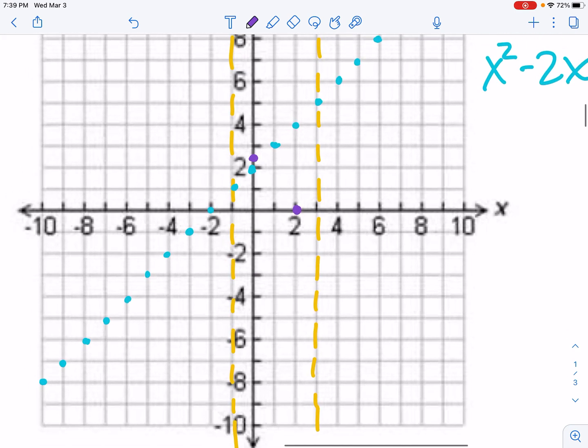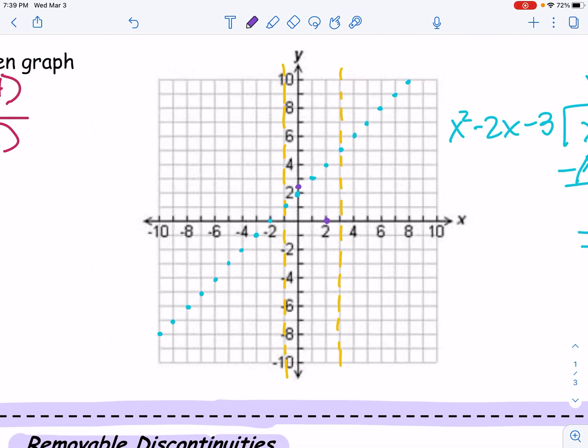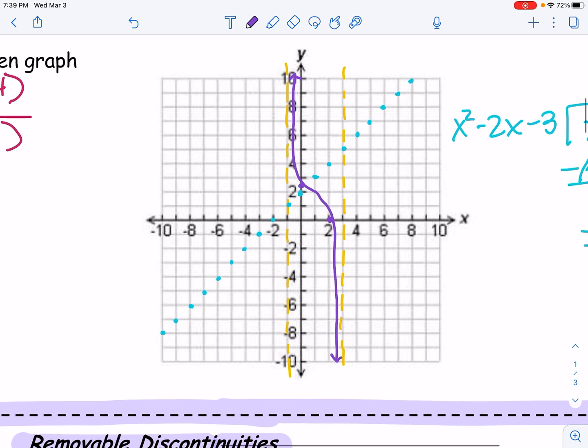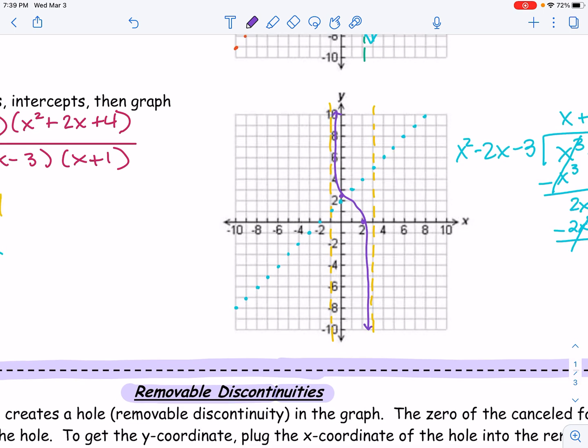So the only thing that I can do is cross through that x-intercept and cross the slanted asymptote to cross through my y-intercept. So I'm getting this middle region kind of looking like that cubic function. So yes, we can cross and touch the slanted asymptote just like we can the horizontal asymptote.